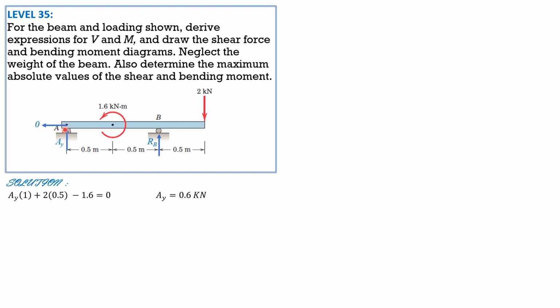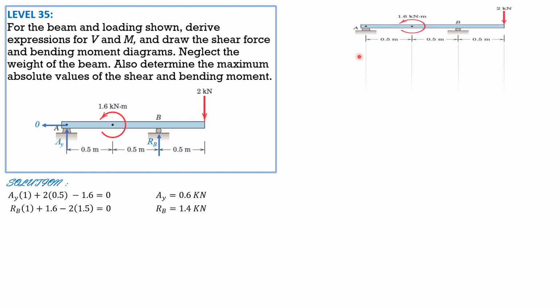Then summation moment A equals 0, RB times 1 plus 1.6 minus 2 times 1.5 equals 0. So R sub B is 1.4 kilonewtons. So 1.4 plus 0.6 equals 2. So it checks. So we have AY 0.6 kilonewton, RB 1.4 kilonewton.